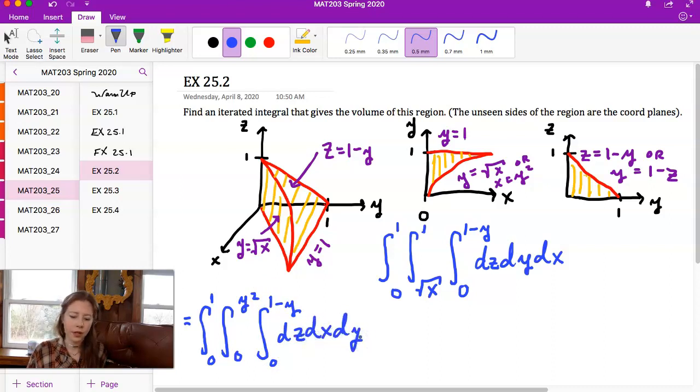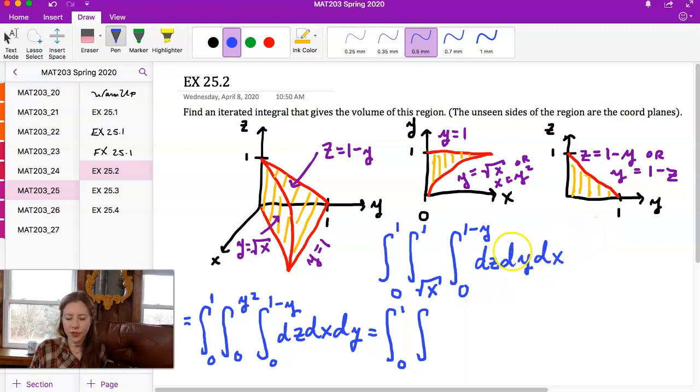Let's try another order. Let's do z on the outside. So once again, for z, we're going from 0 to 1. Let's do y next.